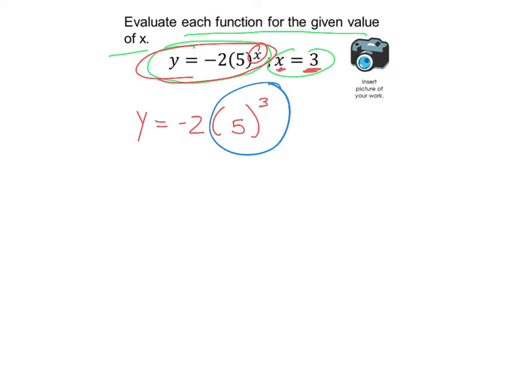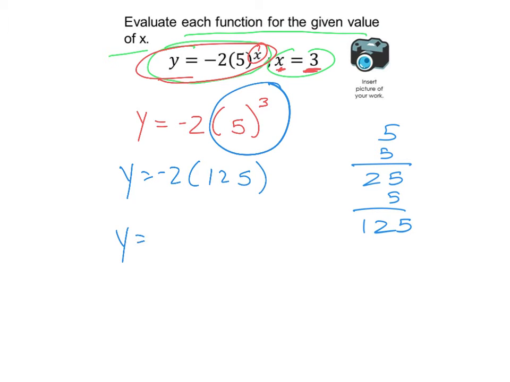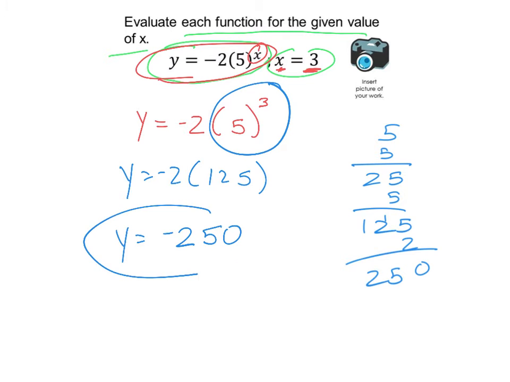So that means I have to do 5 to the third power. 5 to the third power is 5 times 5 times 5, 125. So y equals negative 2 times 125. Y equals negative 250. So that is your function evaluated when x is 3.